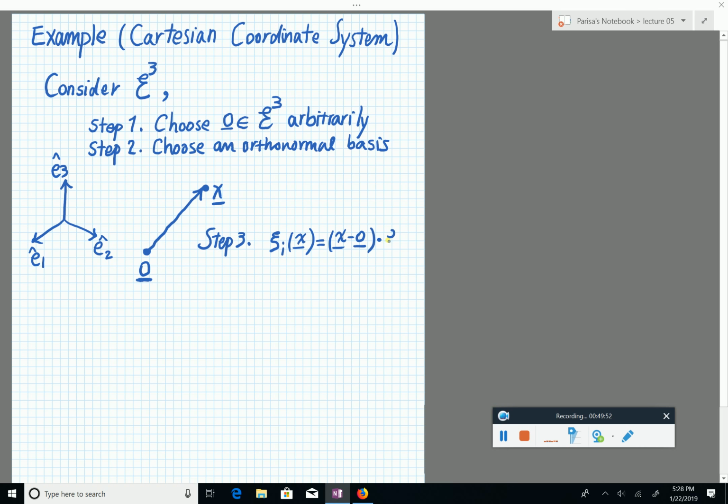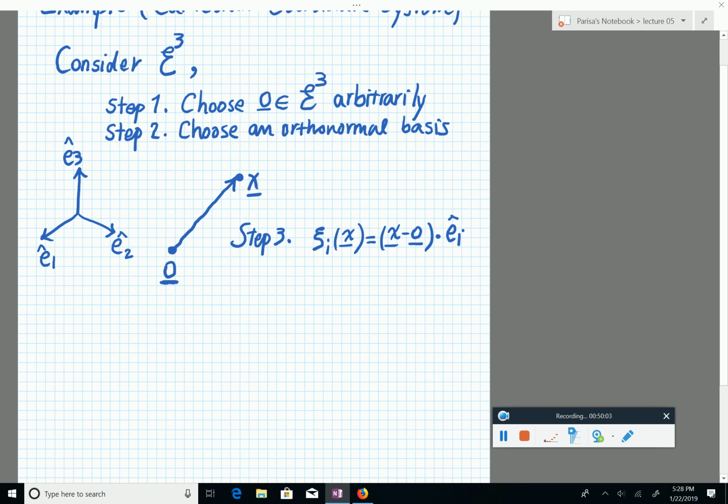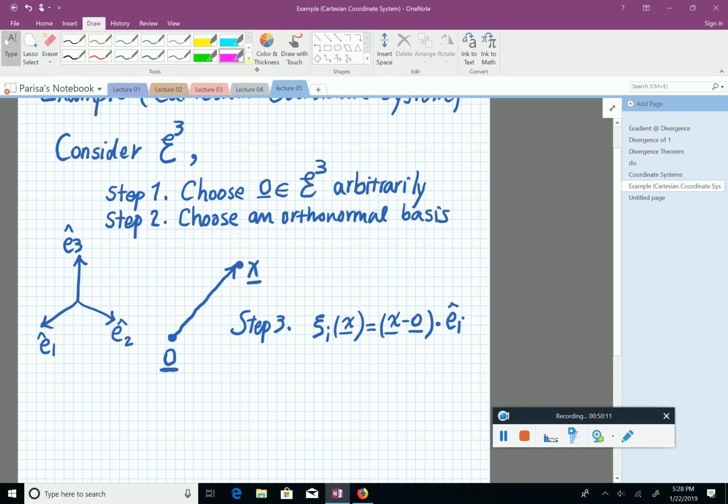And I just multiply this by inner product with the unit vector. So what kind of object do I get? It's a scalar.